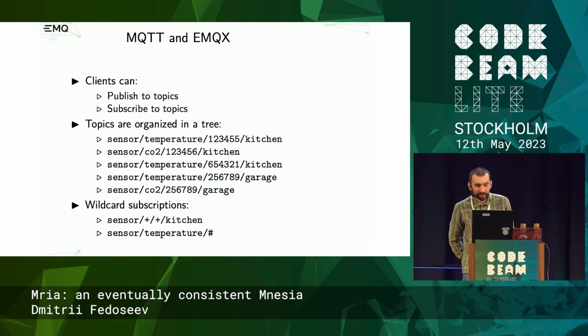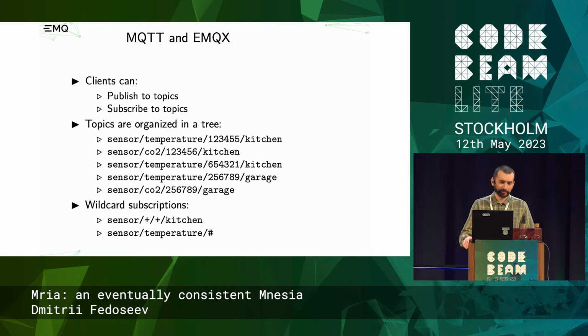Before I go any further, let me briefly explain what is EMQX and why we are after these features. EMQX is an MQTT message broker, and MQTT is a PubSub protocol, similar to RabbitMQ, Kafka, and whatnot. As usual with PubSub protocols, we have clients that can publish messages to topics or subscribe to them. There are some unique features to MQTT protocol as well.